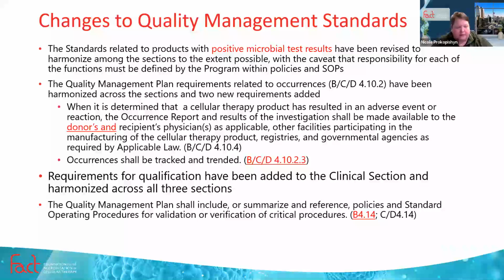So one of them is basically to determine that a cellular therapy product has resulted in adverse event or reaction, that basically if there's a donor and recipient's physician, they should be informed of this, to make sure that the donor is aware of this and can be checked for any adverse effects. Occurrences also need to be tracked and trended as part of a good documentation practice for this. And that's, of course, across all sections.